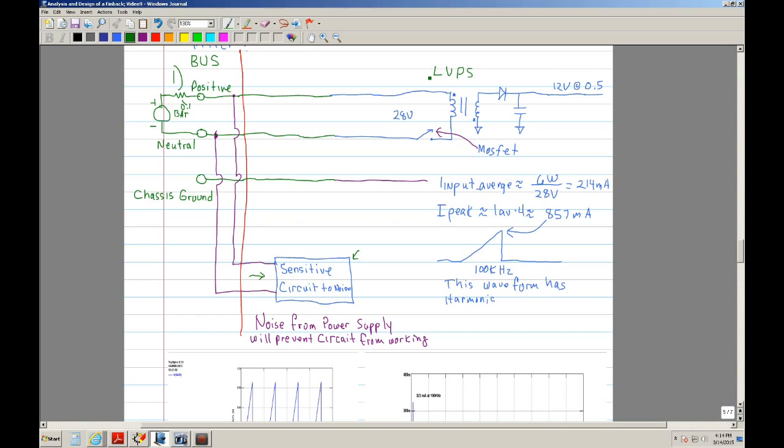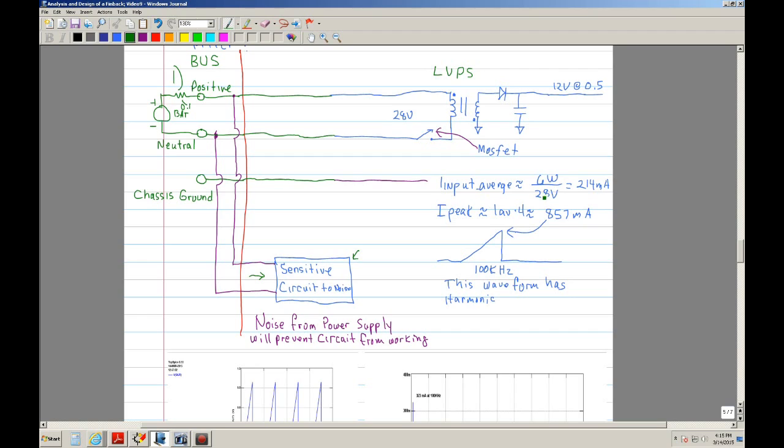Well, if you have a switching power supply, if you have watched the other videos, you know that when the MOSFET is turned on, you have a current that builds up. Basically you have a little ramp and the current builds up. The example that I've been using is a power supply that's 6 watts.